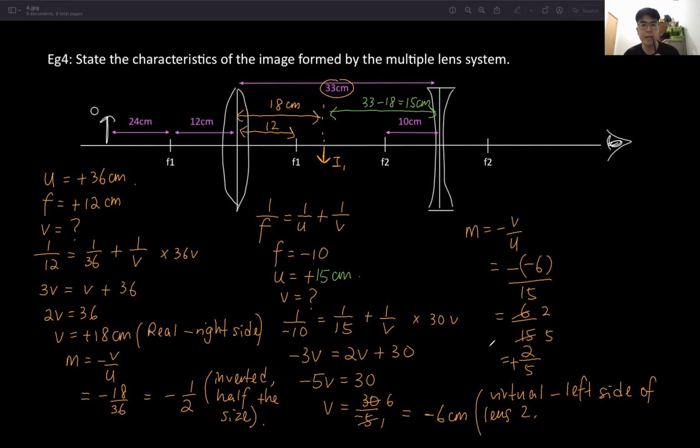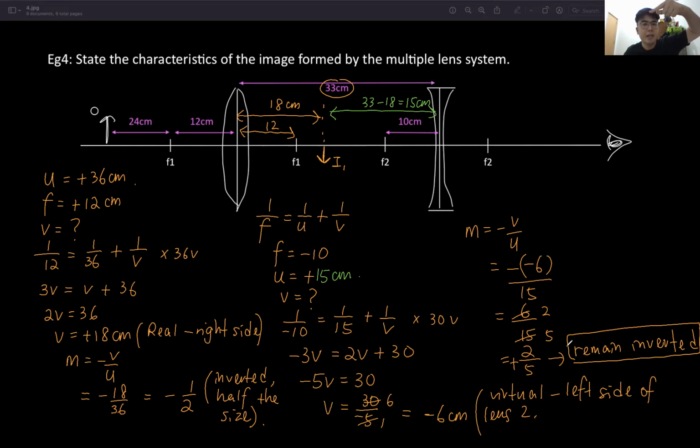But in this case, your image, I1, is initially inverted, right? So when you get a positive magnification, that means this remains inverted. Positive actually means remain or maintain whatever the initial orientation is.